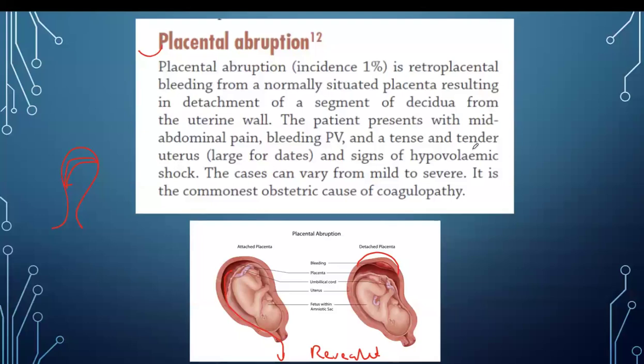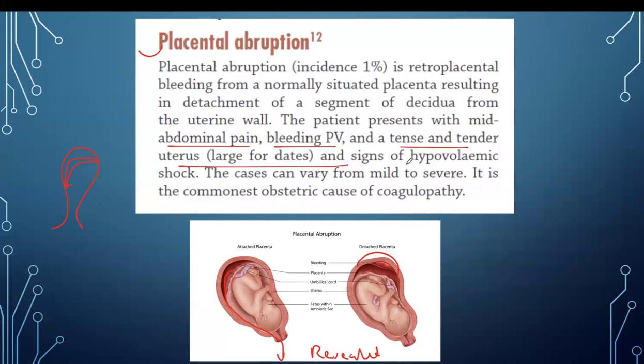Okay? So placental abruption is retroplacental bleeding from detachment of the placenta from the uterine wall. So a patient with placental abruption will have abdominal pain, and per vaginal bleeding may or may not be present. In the concealed type, there will be no bleeding, only abdominal pain and a tense, tender uterus which is large for date.